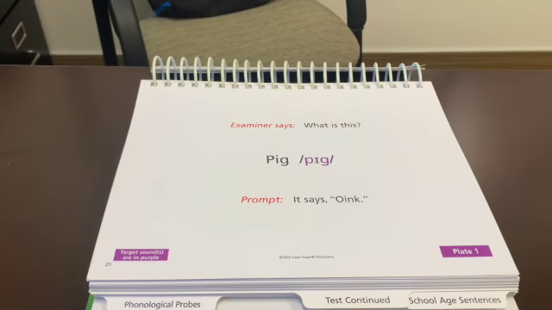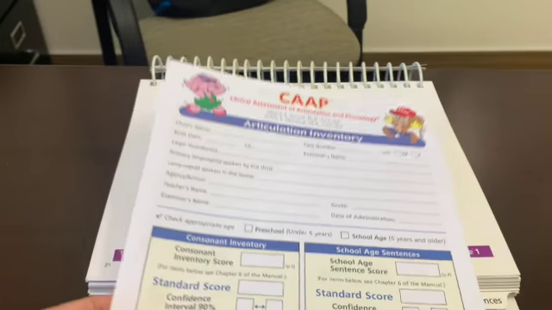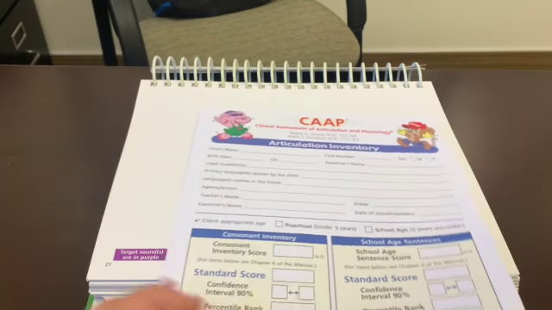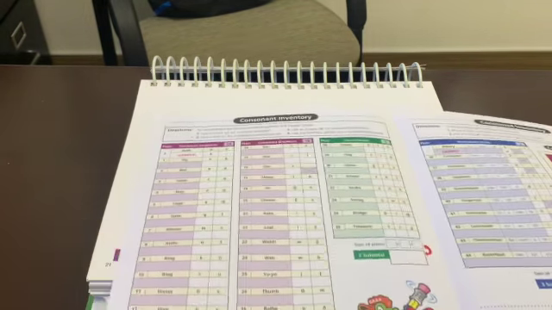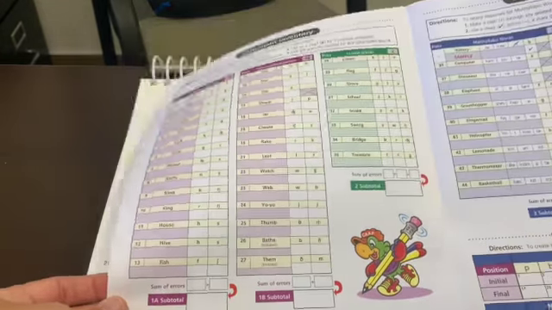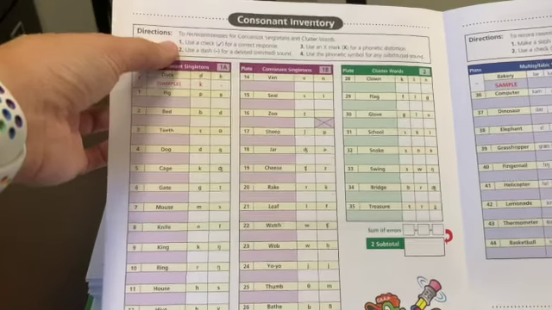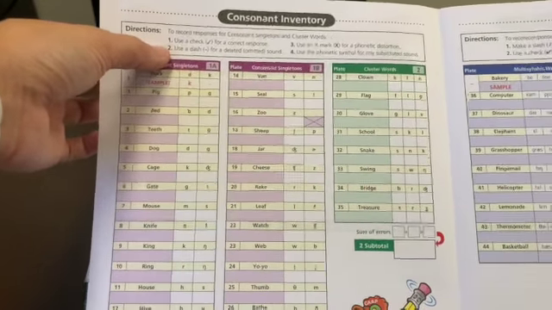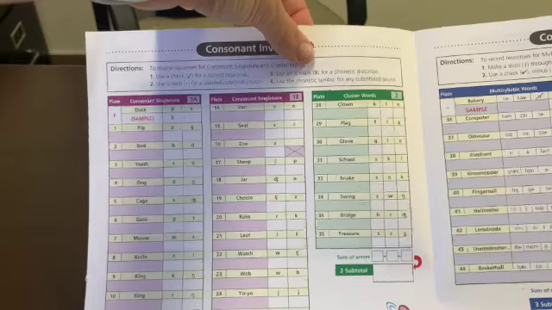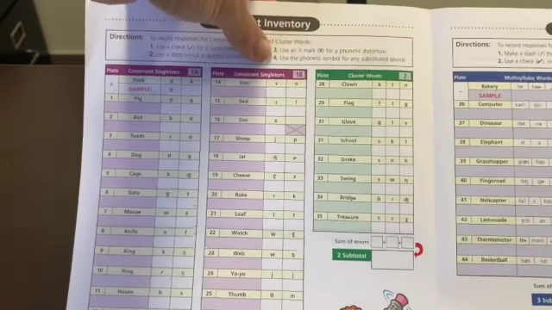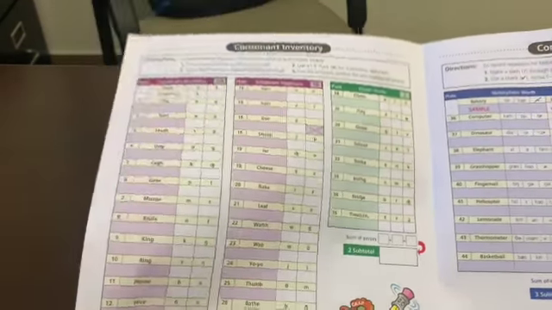So here is where you're going to need your articulation inventory. And it looks pretty similar to a lot of our other inventories. So here it is. You are just going to put a check if it's correct, a dash if it's deleted, an X if it's distorted, and then you're going to put in the correct symbol for any kind of substitution.